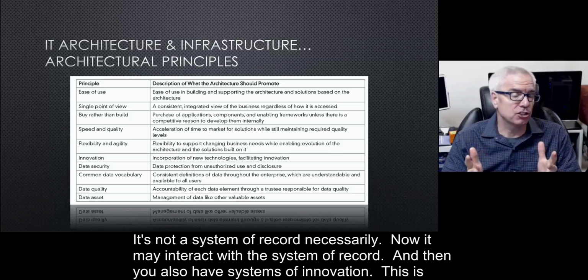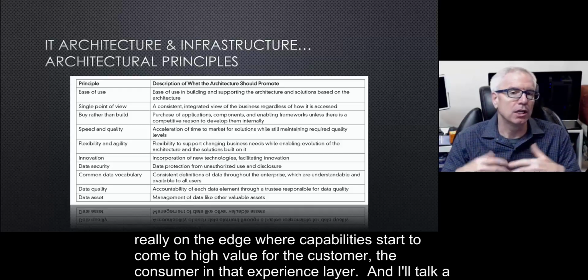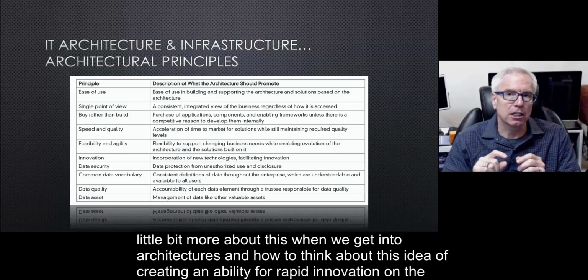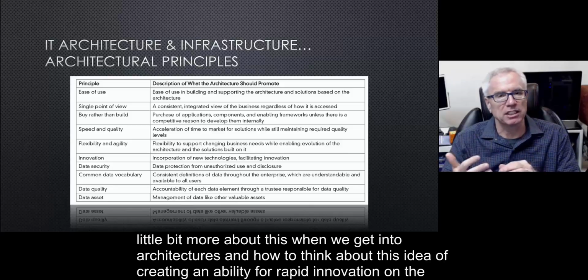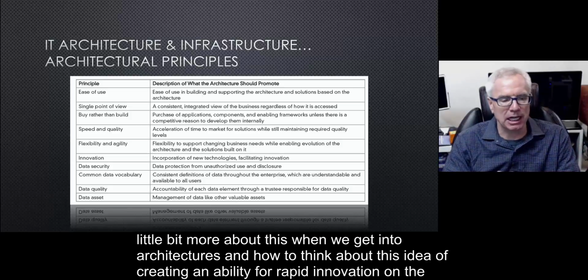And then you also have systems of innovation. And this is really on the edge where capabilities start to come to high value for the customer, the consumer, in that experience layer. And I'll talk a little bit more about this when we get into architectures and how to think about this idea of creating an ability for rapid innovation on the edge.